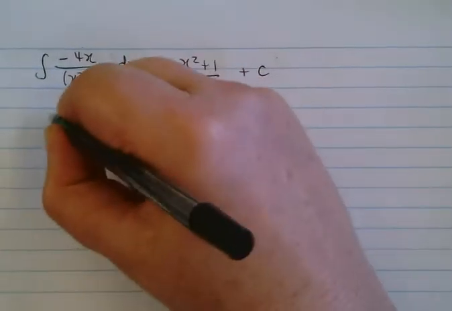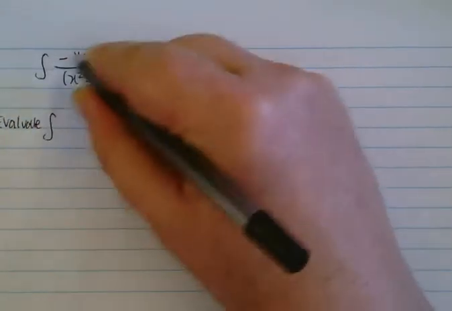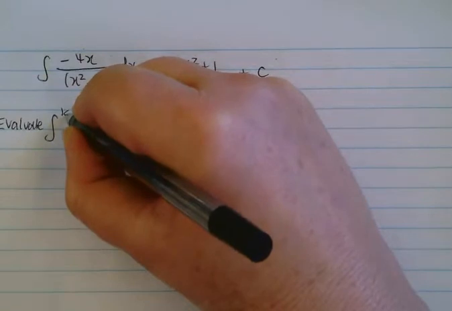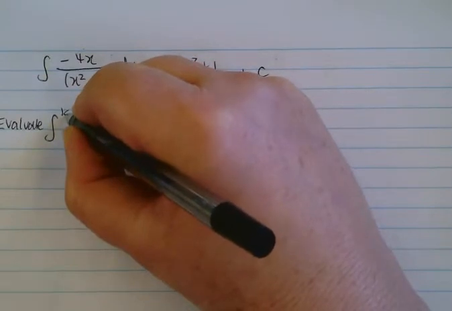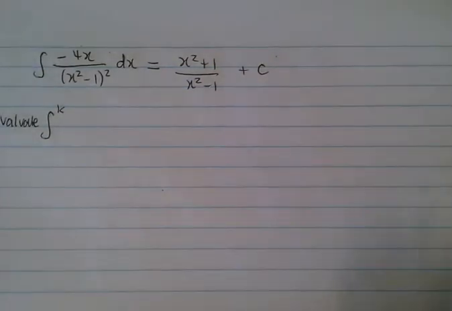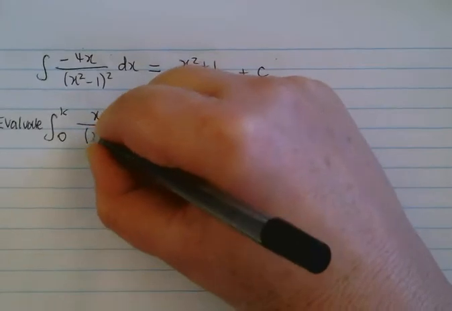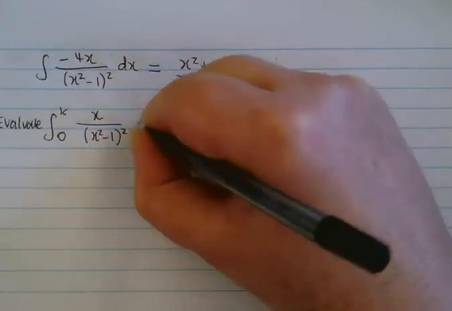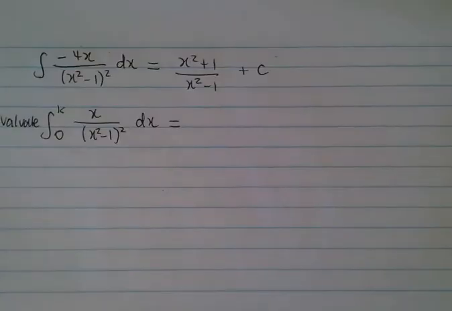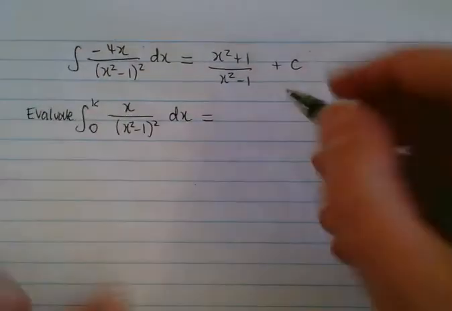My question is to evaluate, not that, but the integral from 0 to k of x over x squared minus 1 squared dx. Now, I don't know how to integrate this, but I know how to integrate that. So I'm going to write that out.